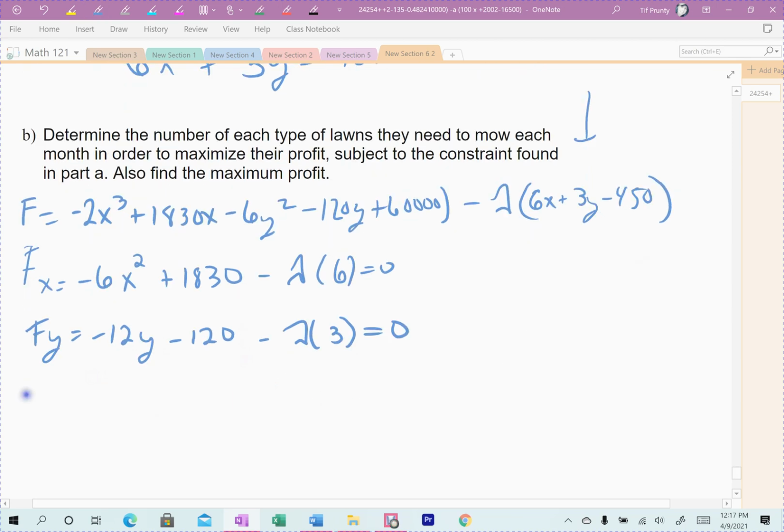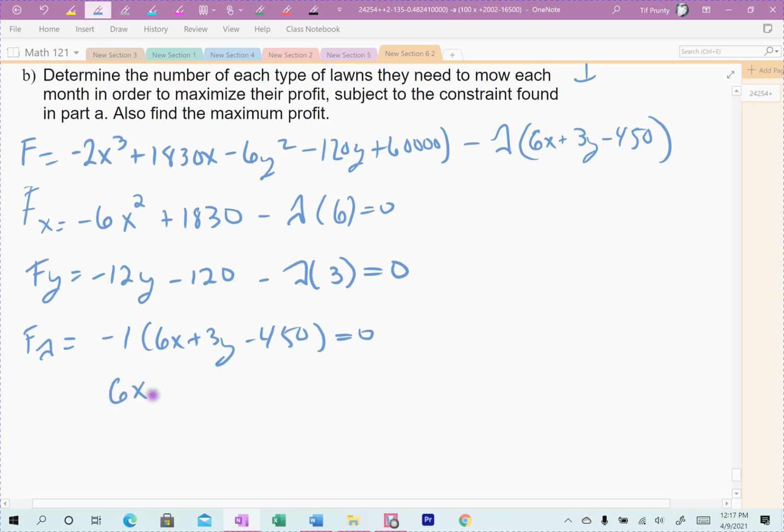And then our lambda equation is negative 1 times 6x plus 3y minus 450 equals 0, which, remember, can always be rewritten as the constraint equation, which I'm going to hold off on.